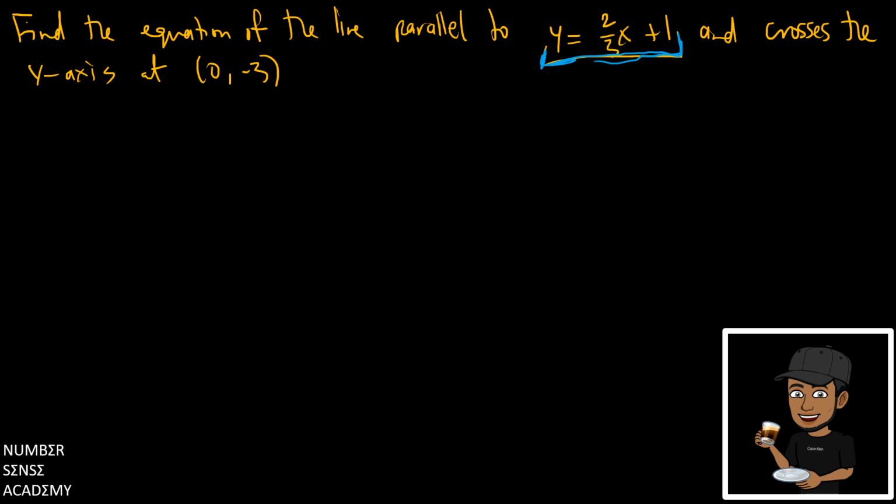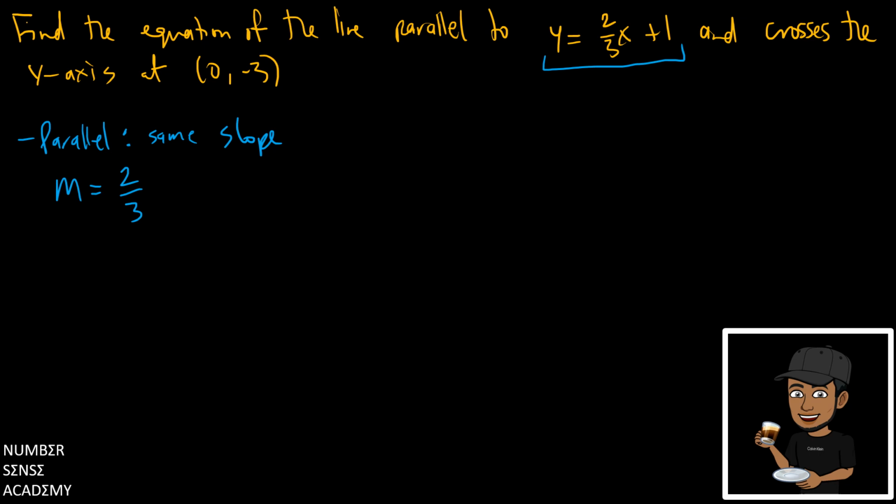What do I do when it's parallel? Okay, I just blocked out the whole question. So what do I do when it's parallel? Remember, if it's parallel, same slope. So based on that, m is going to be 2/3. Okay, and then it says that it crosses the y-axis at (0, -3).